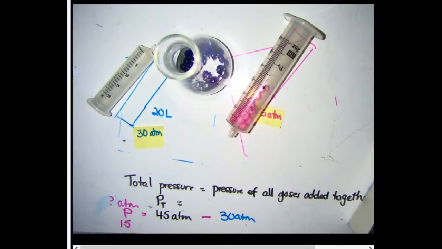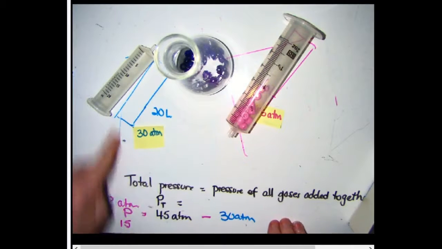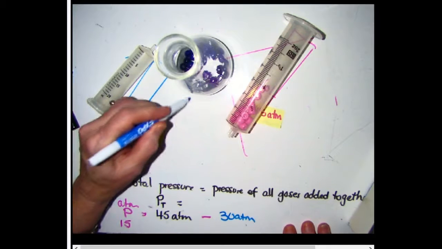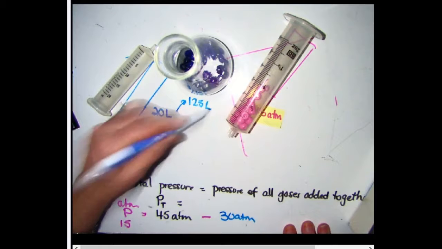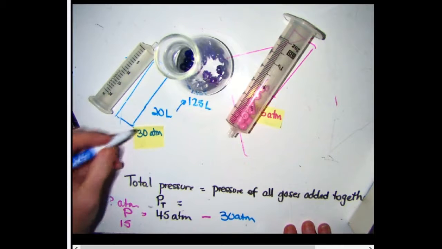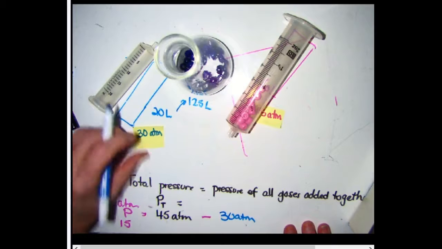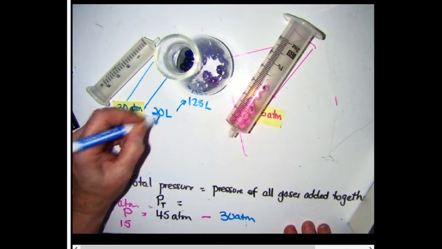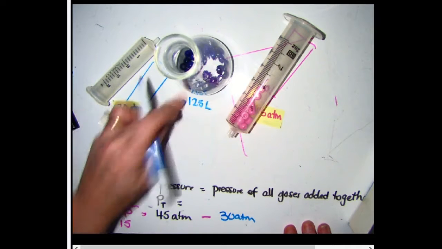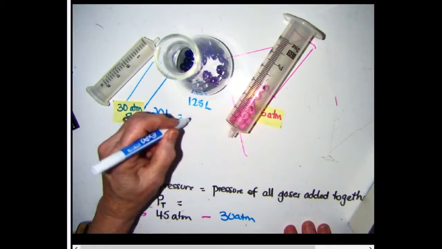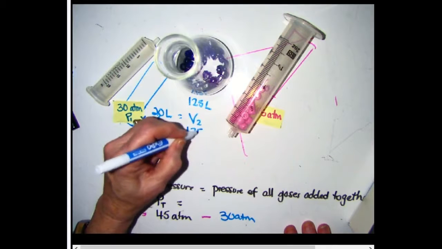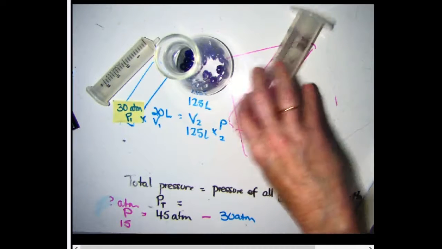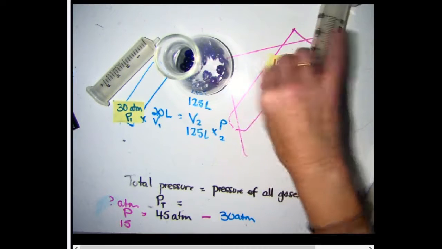So what's the new pressure of the blue gas? It's no longer 30 atmospheres, because it changed from a 20 liter container to a 125 liter container. This is Boyle's law. We know that my P1 and V1 is going to now equal my P2 and V2, which is 125 liters, and we're going to have to find out how much pressure is now being exerted by the blue gas.